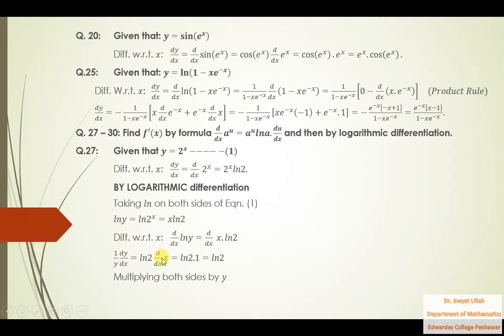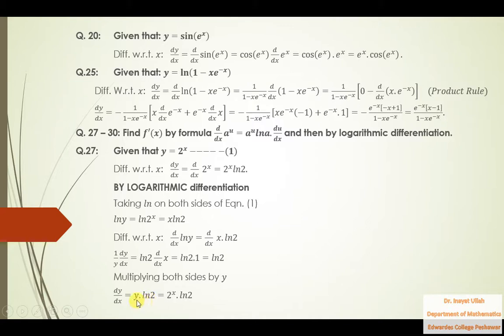Now derivative of x is 1. Natural log of 2 into 1 is natural log of 2. But we need derivative of y. So multiplying both sides by y, we will get dy dx this side, and this y will be multiplied towards that side. So that will become y into natural log of 2.